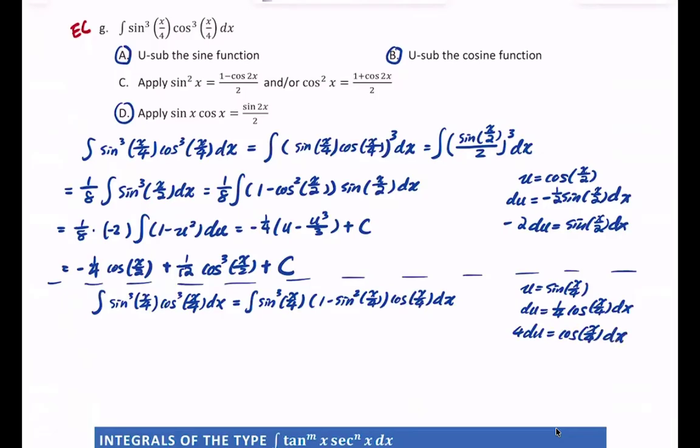So in this case, because they have the exact same power, you can do sine sub or cosine sub. In this case, u-sub with sine is better because you don't deal with the negative sign.